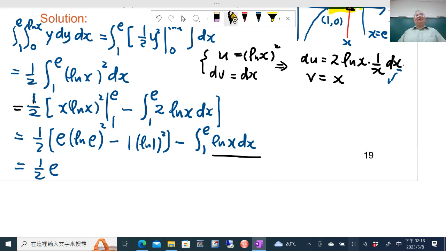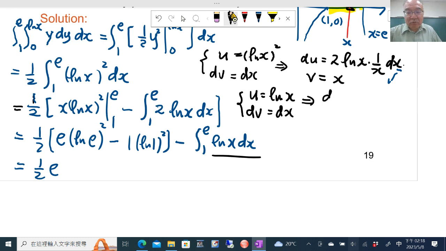Okay. And integral by parts again. This time, u will be ln x, dv still dx. Therefore, du becomes 1 over x dx, and our v becomes x.